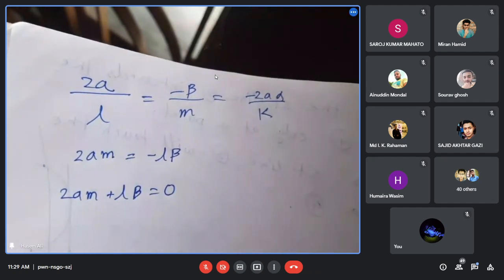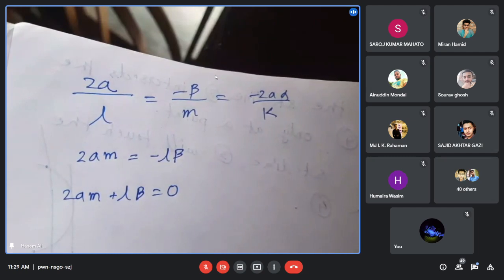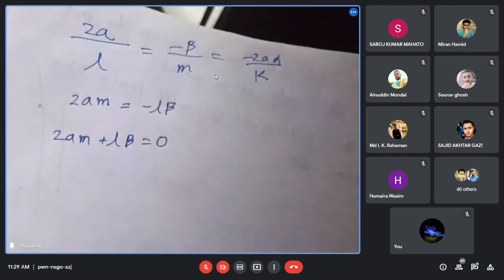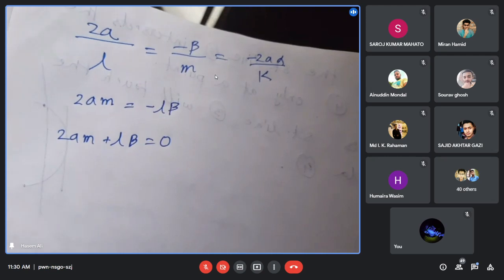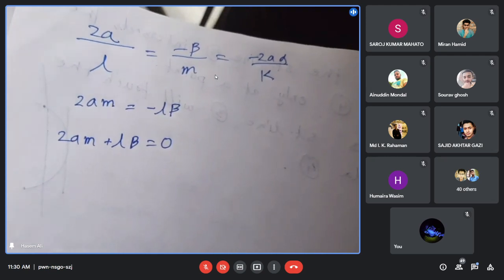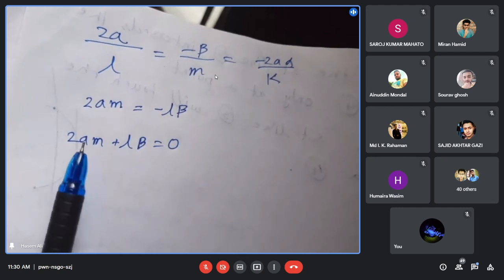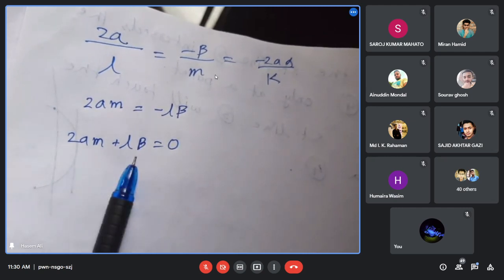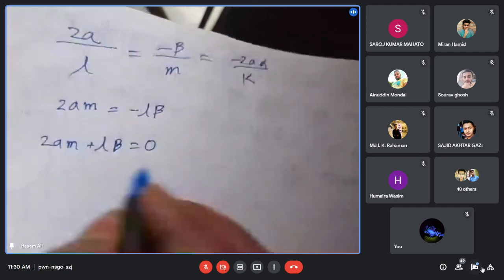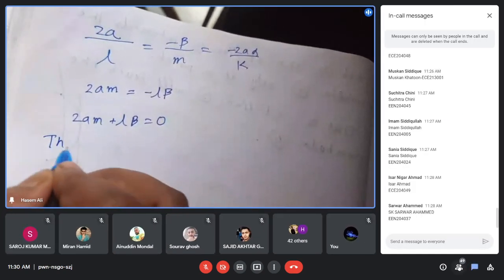So we get a result between alpha and beta. We have to find the locus of the pole, the locus of the point (alpha, beta).